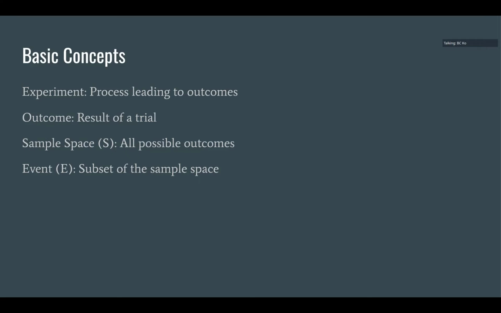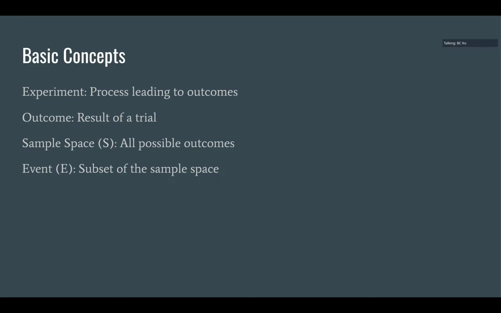So an outcome is the result of a single trial of an experiment, and the sample space, usually denoted by S, is the set of all possible outcomes of an experiment.